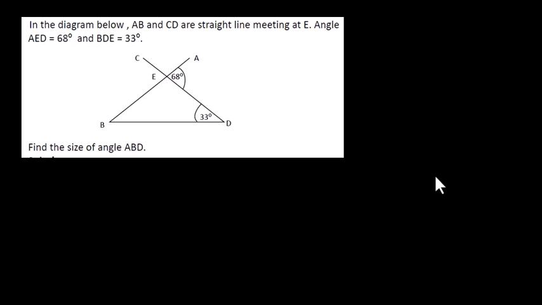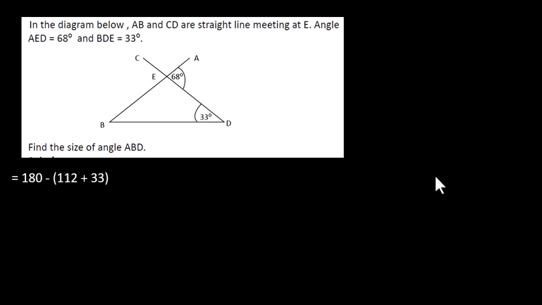Okay, so angle AEB is equal to 180 minus angle AED, which is 180 minus 68. When we subtract 68, we get 112. Okay, so this is the 112.